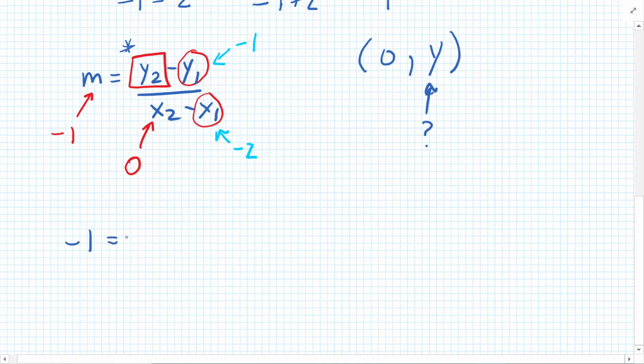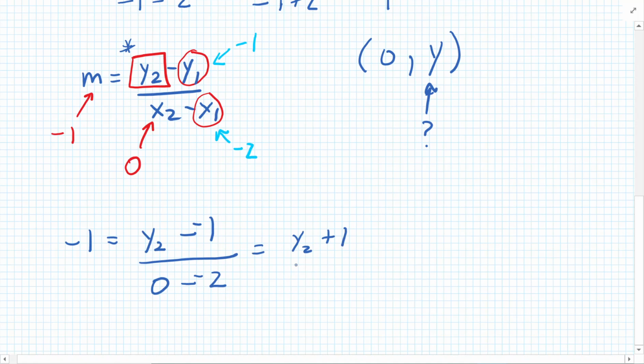-1 equals y2 minus a -1, all divided by 0 minus a -2. Let's simplify that. y2 plus 1.